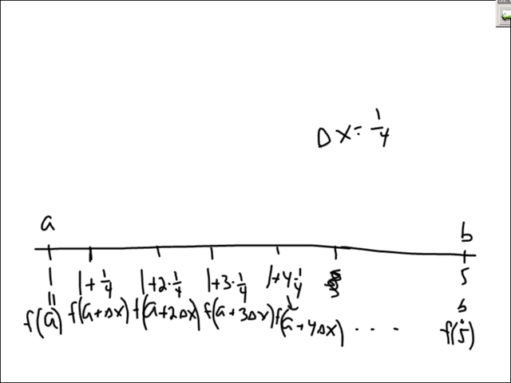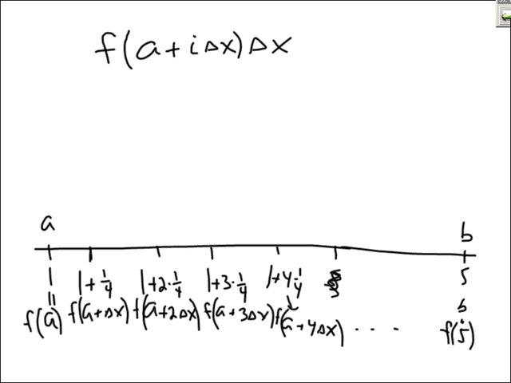Okay, so using that, let us get our formula. We're going to do f of a plus i times delta x. That would be the height times the base. And now we're going to sum this up. And it doesn't matter if you start at 0 or 1.